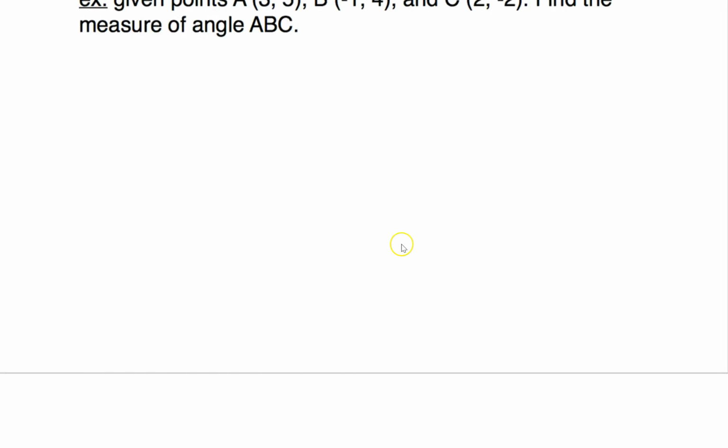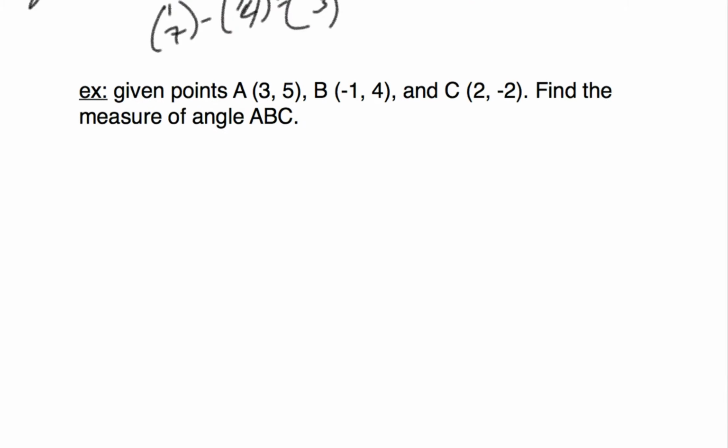The last one, I'm not going to solve all the way, but I do want to talk about it. Given points A, B, C, find the measure of angle ABC. When they say measure of an angle and there are only 3 letters, you're talking about the middle one. We want the measure of angle B. I like to plot the points, not exactly, just to get a bearing of what's going on.